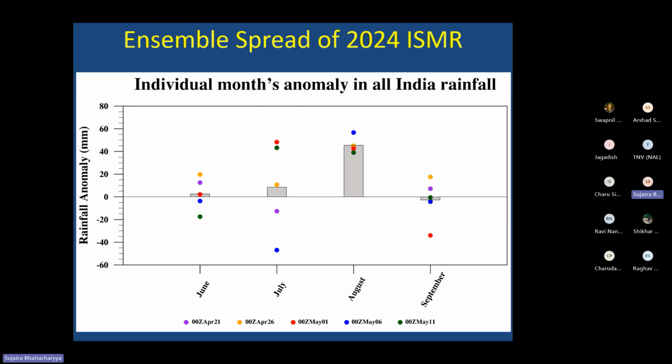Now, here's the thing which I like and would like to see. For June there is no signal, because two of the simulations say above, two say below, one says normal. To me, for June there is no signal in the all-India mean, but there's a nice signal in the spatial pattern. So that may be right, but the other thing may not. Here it is saying we really don't know whether it's above, below, or normal.